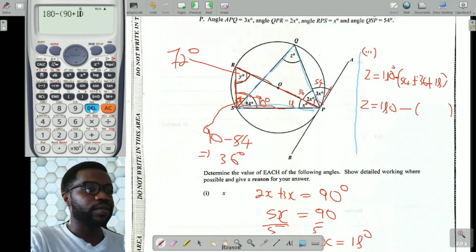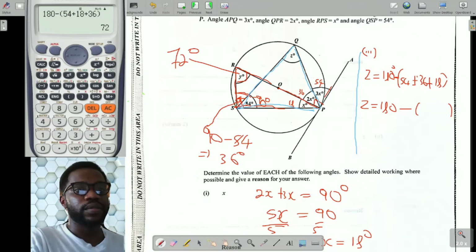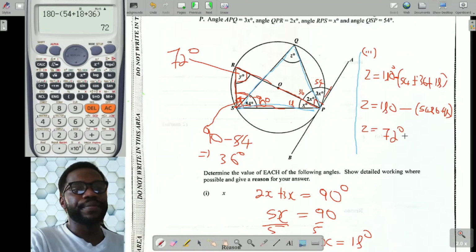Let me just go in. So that's 180 minus 54 plus 18 plus 36. Let me put in the angles: 54, 36, and 18. And z is equal to 72 degrees.